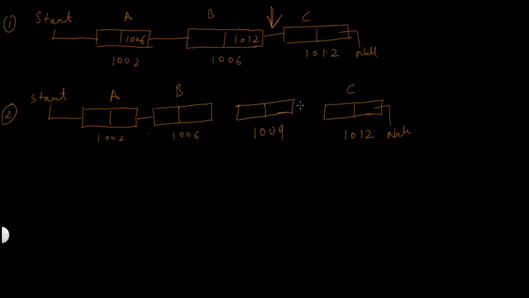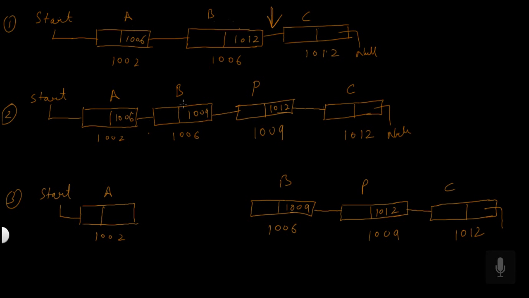Now the link part of the new node should store the address of its next node, which is this, so 1012, and both these nodes will be linked. Now the link part of node B should store the address of its next node, which is the new node which has just been added, and its address is 1009, and both these nodes will be linked.